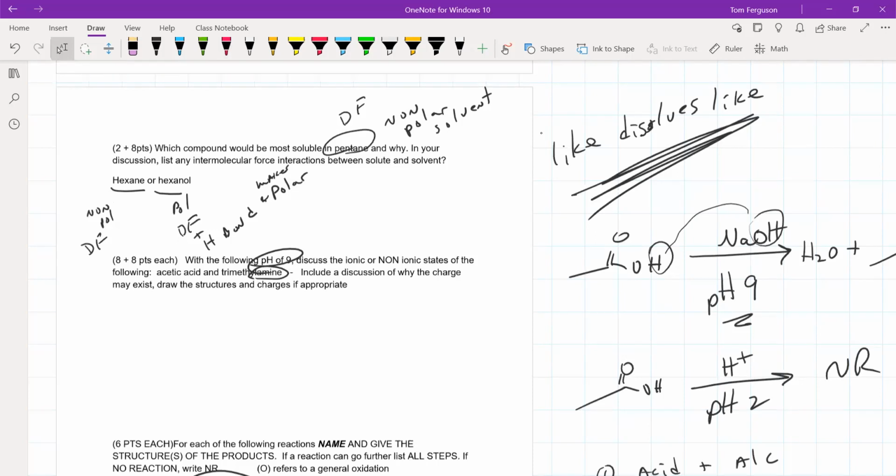Something similar for this unit, because there are more reactions and different reactions happening with everything we've learned.